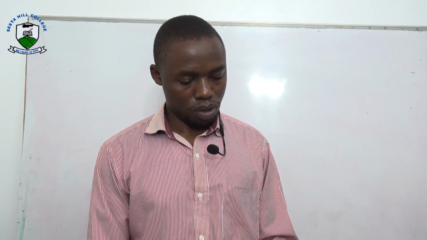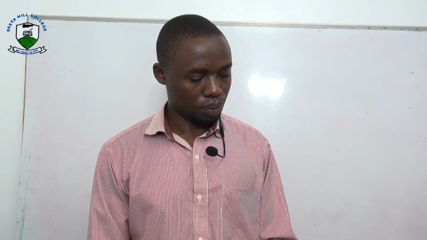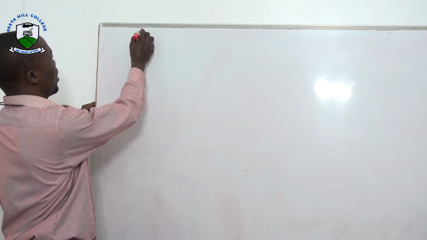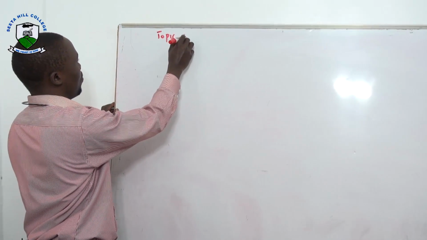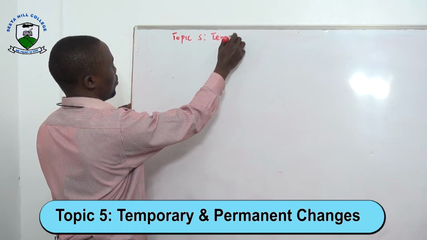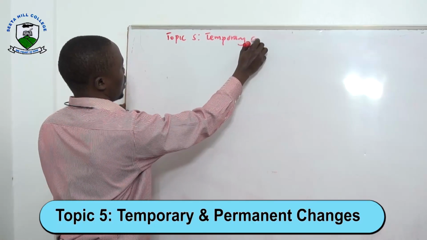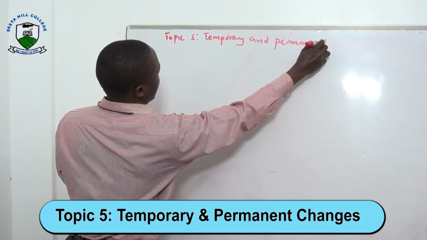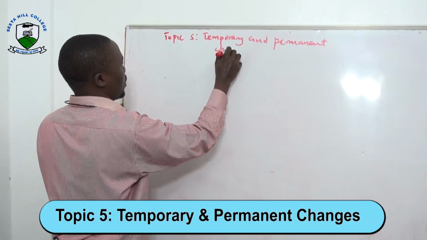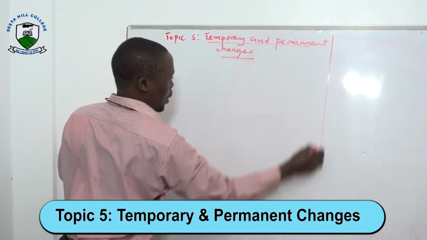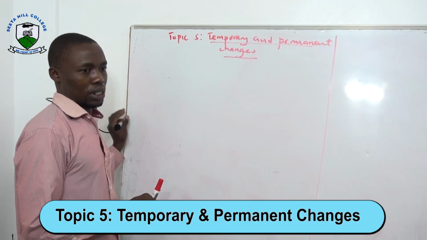Now we're on the next topic, topic 5, which is temporary and permanent changes.